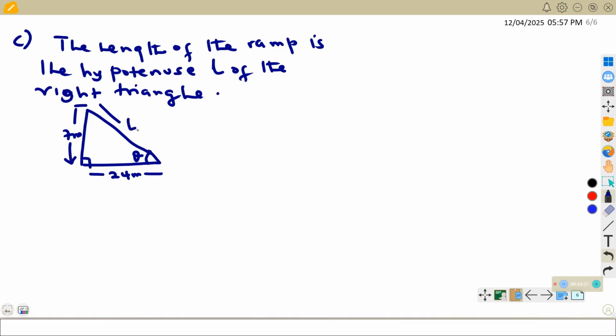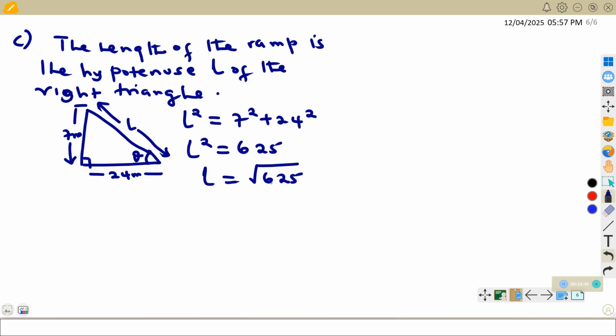So we are interested in this length, so it means length squared will be equal to 7 squared plus 24 squared, and L squared will be the same as 625, and L will be the square root of 625, which will give us 25. So the length of the ramp will be 25 meters.